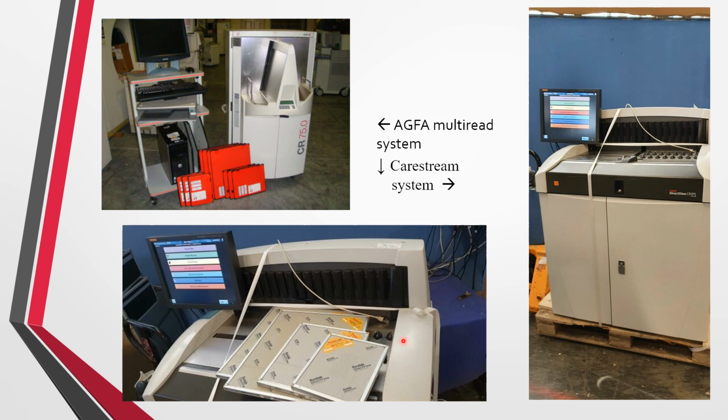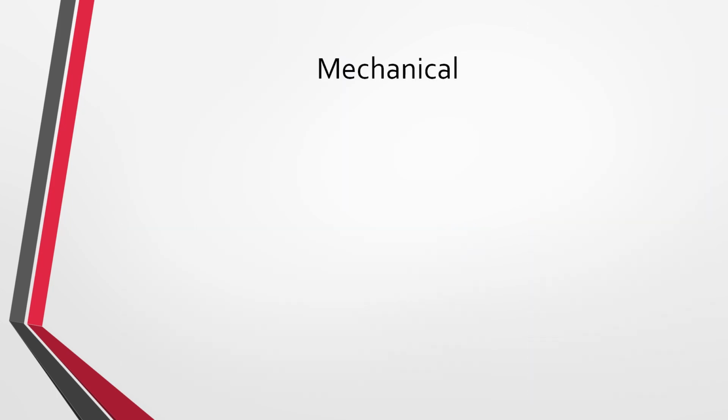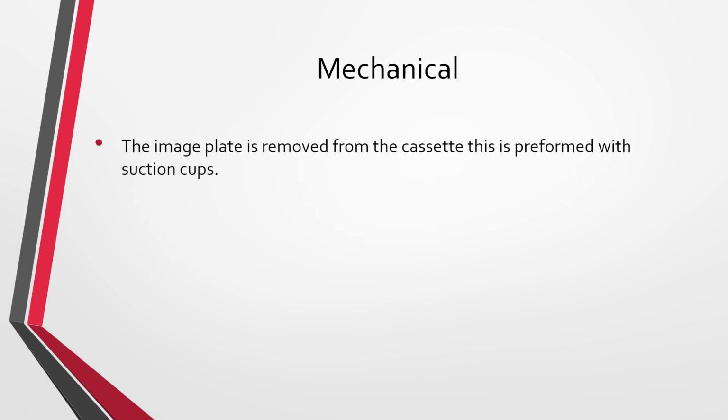This is like a multi-reader style, where you can put multiple plates in here. Each manufacturer can have different configurations and implementations for the CR reader, so there may be slight variations in the materials used, how it's used, and things like that from manufacturer to manufacturer.